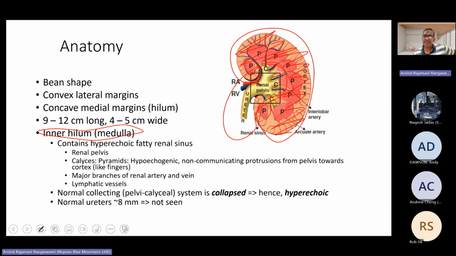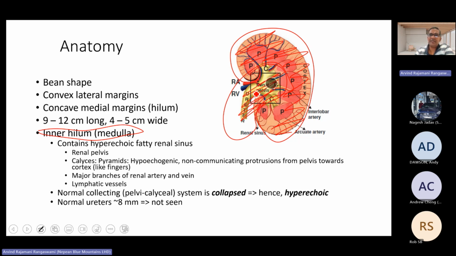What that means is, if the plumbing is not obstructed, the medulla is going to be collapsed. The tubes are all going to be completely collapsed. Therefore, the inner part of the kidney is going to be very densely packed structures with very little blood supply, which means that automatically they will be extremely hyperechoic.